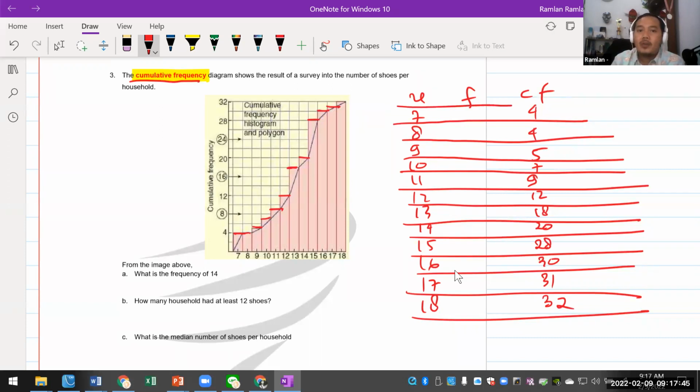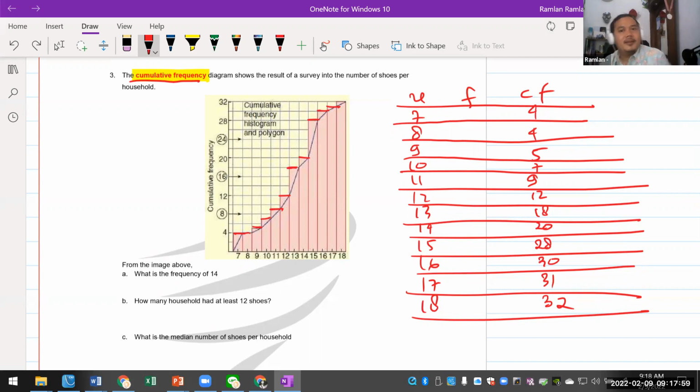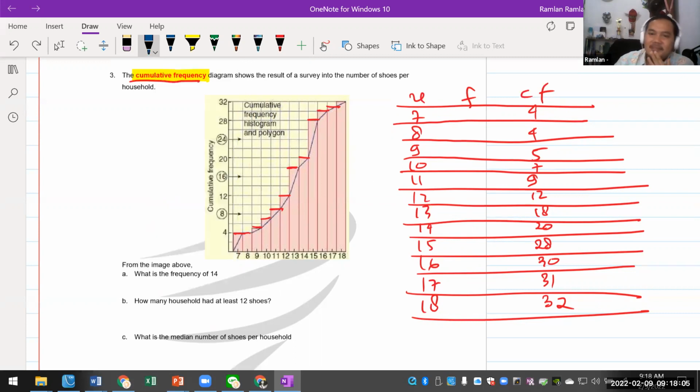Now, I'm going to ask you, how can we fill the frequency then? Ini gimana cara nyarinya? Okay, what do you think? Silakan. Reza mungkin have an idea. Silakan, Reza. Kalau kita punya frekuensi ya, kita balik lagi ke atas ya sedikit ya.